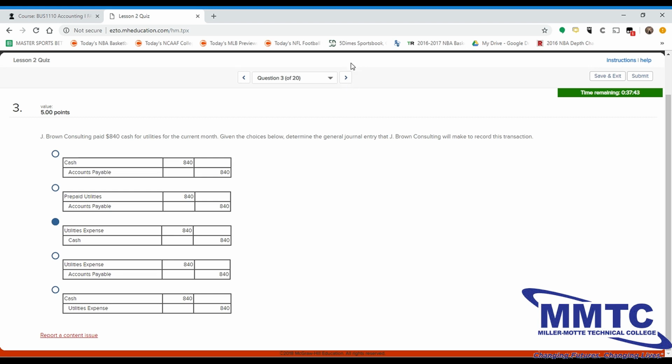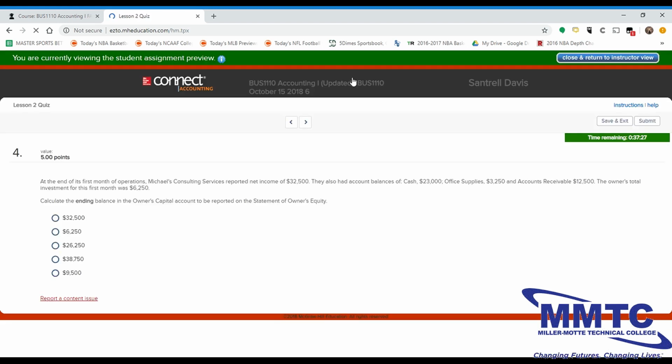So as long as the question said we paid it in that month and not for something in the future, then it's not a prepaid expense. Remember, accounting is the business language. Things are just what they say. If it's prepaid, it's in the future. We haven't consumed it yet.